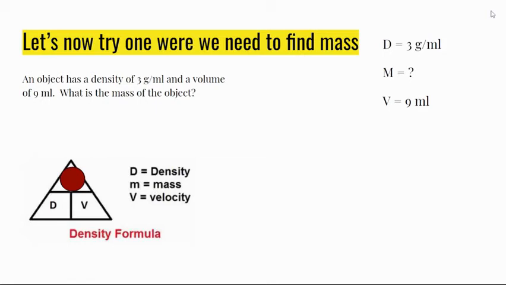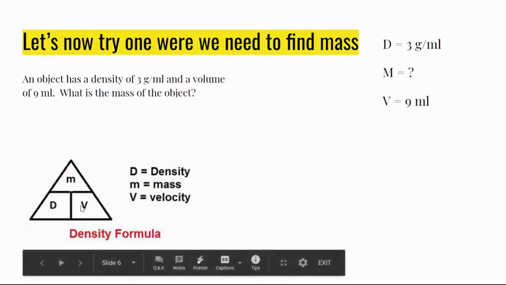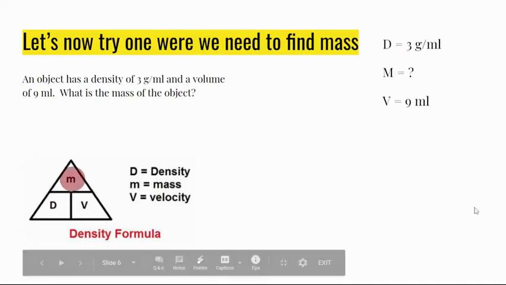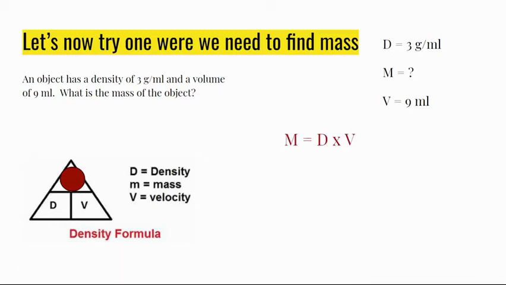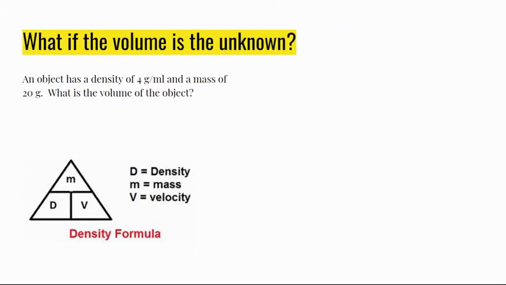Now it looks like we take our density here and we're going to multiply it by volume. And we end up with mass equaling density times volume. So when we plug our variables in, we end up with 3 grams per milliliter times 9 milliliters. So 3 times 9 is 27.